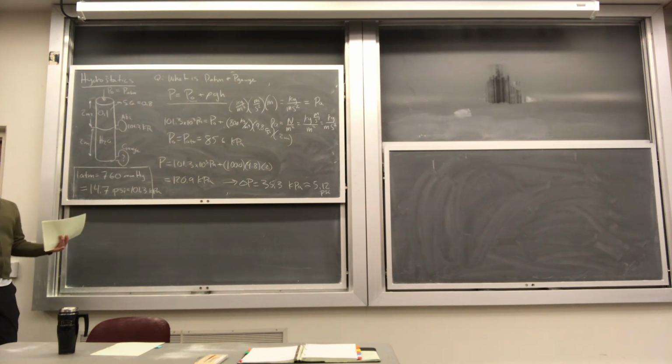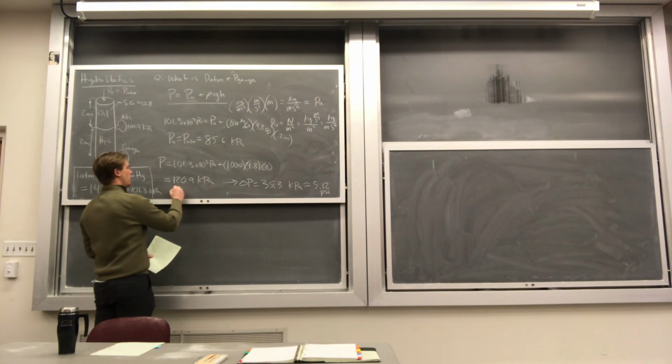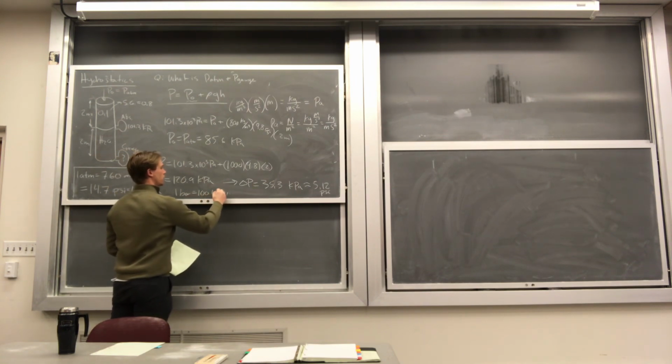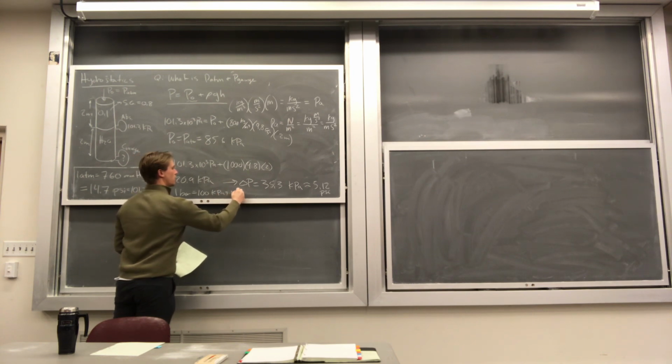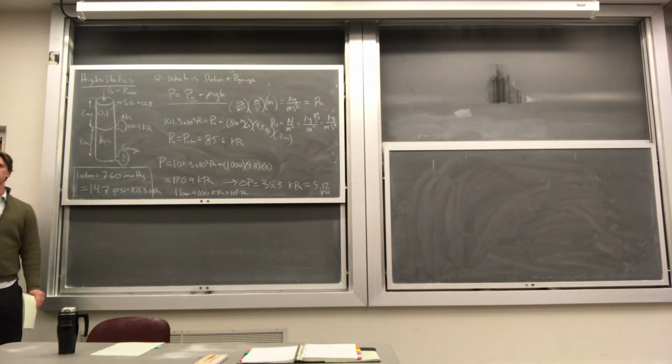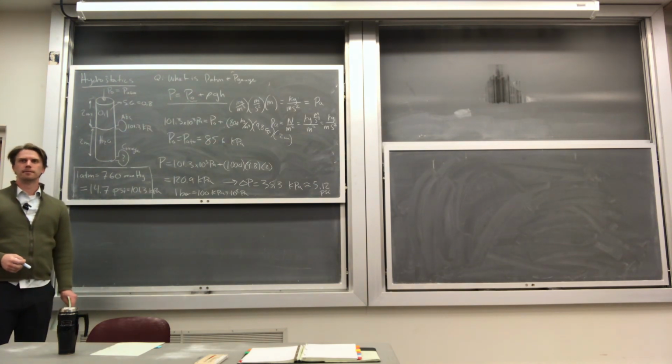There is one other unit conversion for pressure that you may see that's really common, and that is 1 bar is equal to 100 kilopascals, which is 10 to the 5 pascals. Those are some other common units for pressure. Yes? If we need these conversions on the test, are they just going to give them? Yeah, I'll give you the conversions you need.